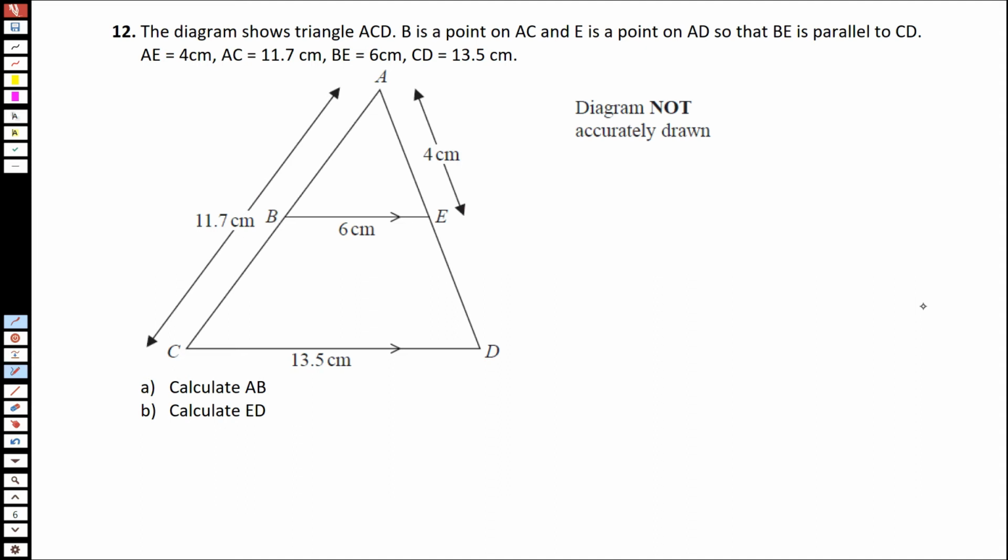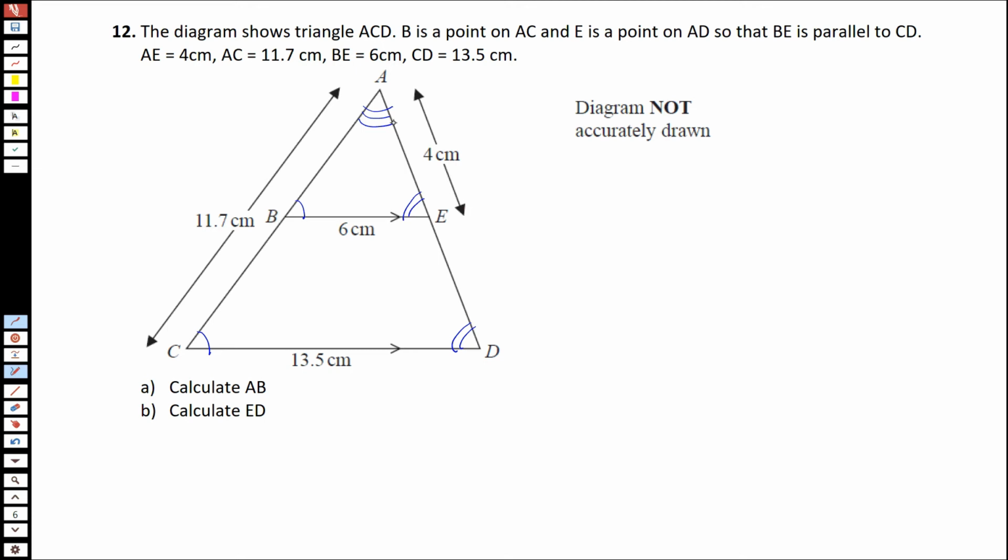Now, one thing you have to remember is that because these two lines are parallel, this angle should be equal to that angle, and this angle here should be equal to that angle, and these two triangles, the smaller one and the bigger one, share this angle there.